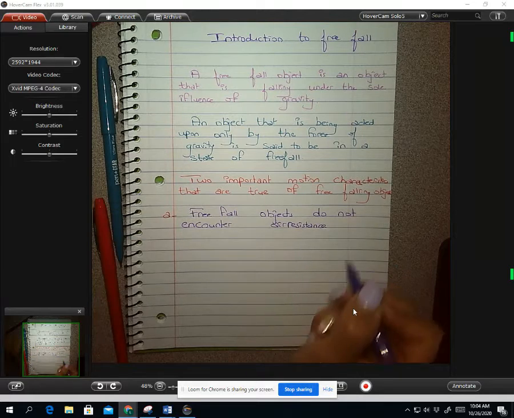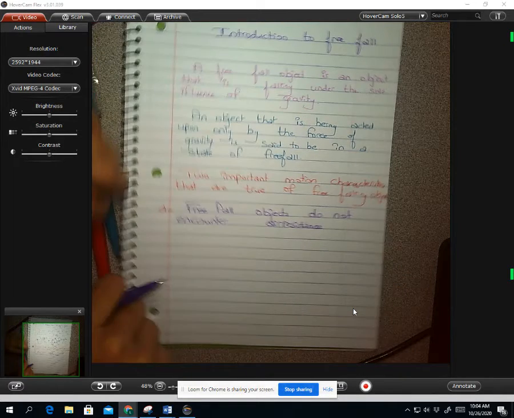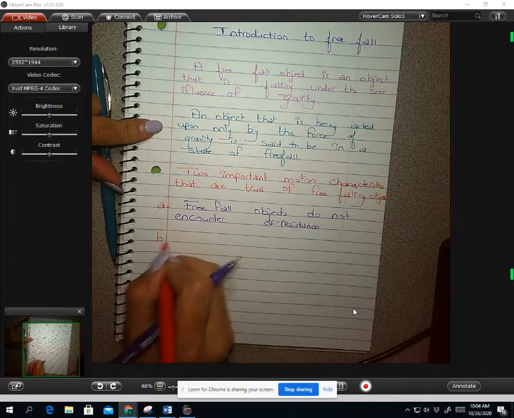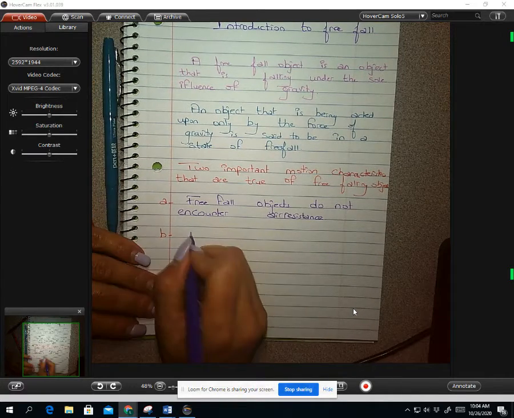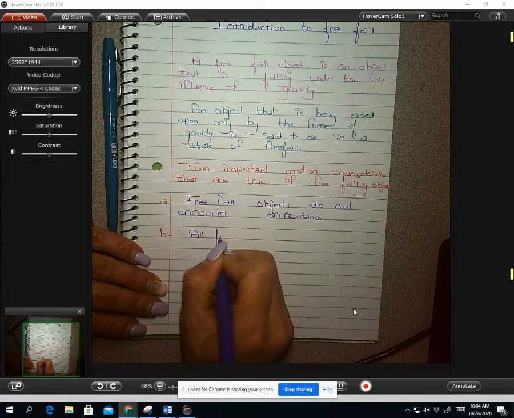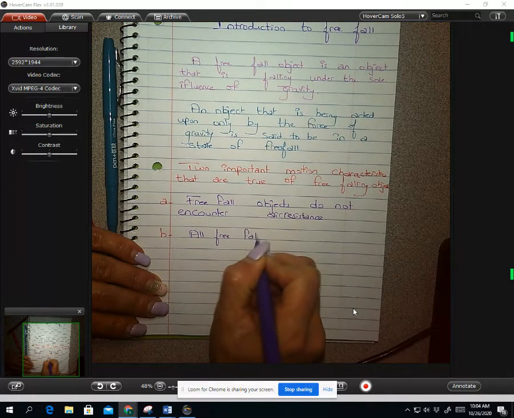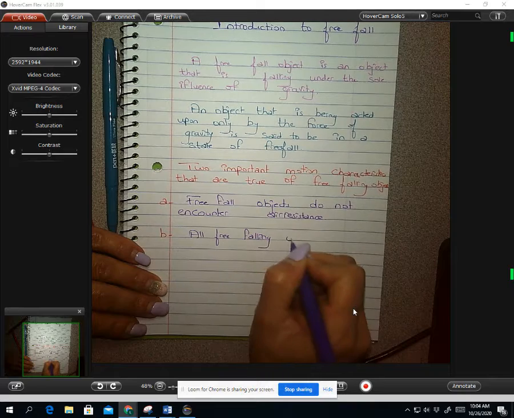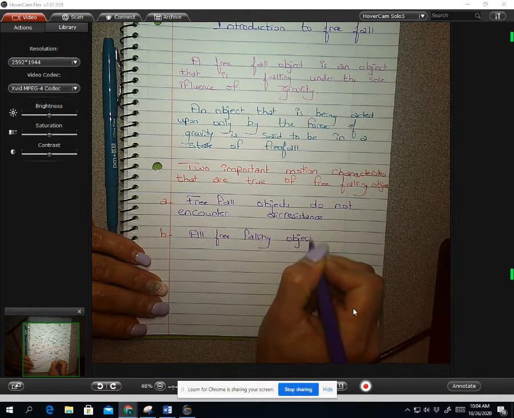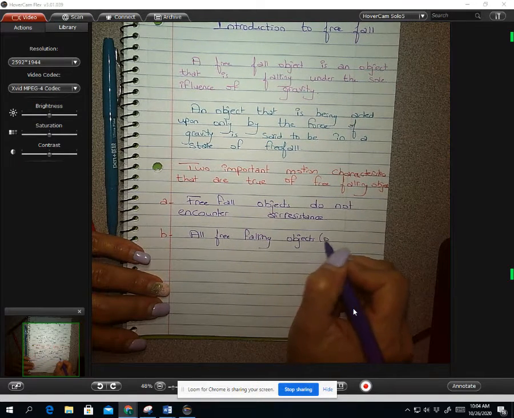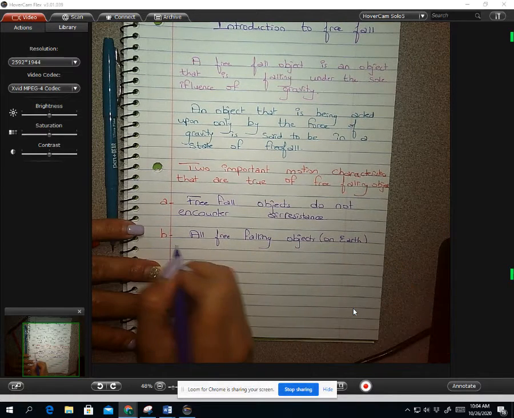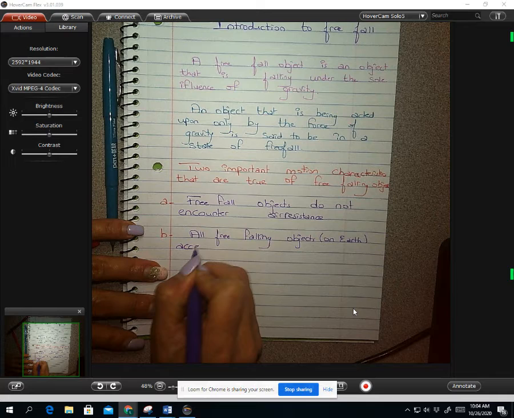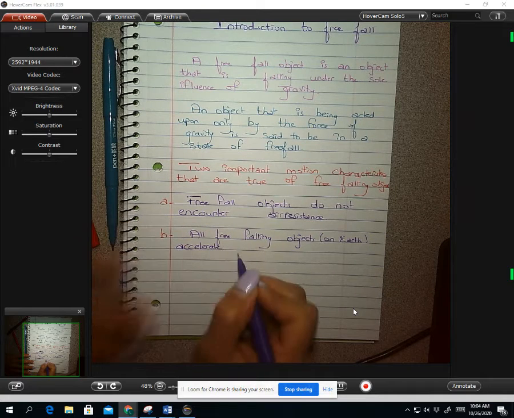And the other important one is that all free-falling objects, of course we're talking about on Earth, accelerate. Just think about it. What is the direction of the gravity?